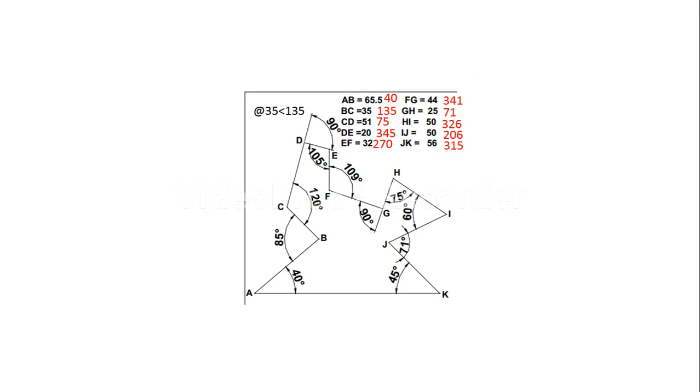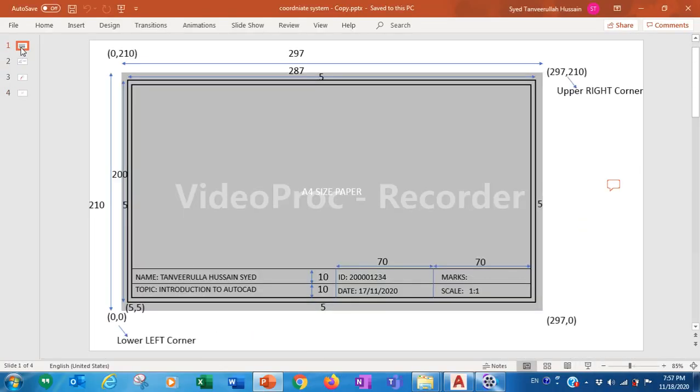Now let's come to AutoCAD. First of all, we need to prepare the drawing sheet. Where will you draw this? You will draw this in AutoCAD. First we have to prepare the drawing sheet where you will draw the figure.